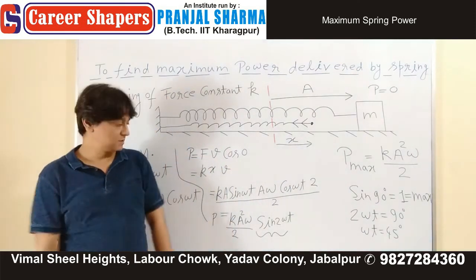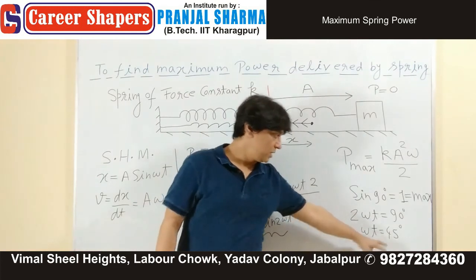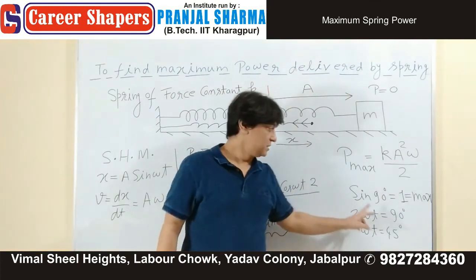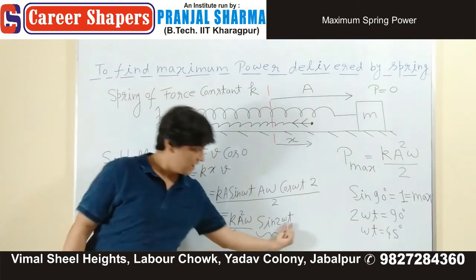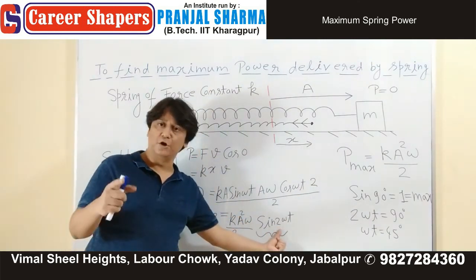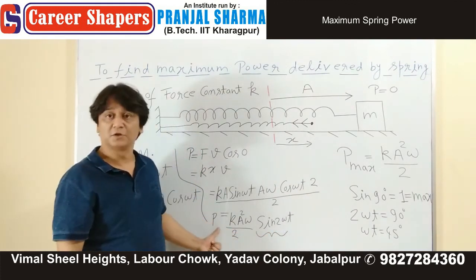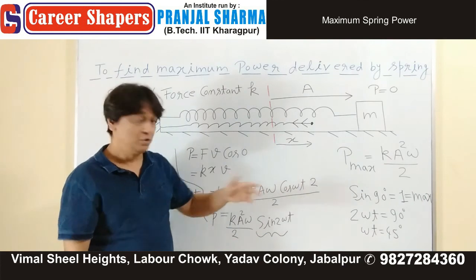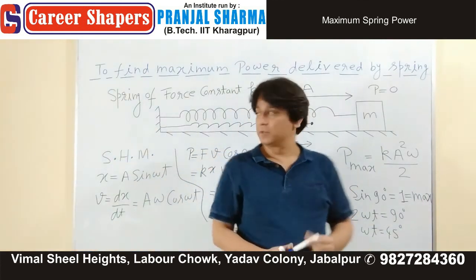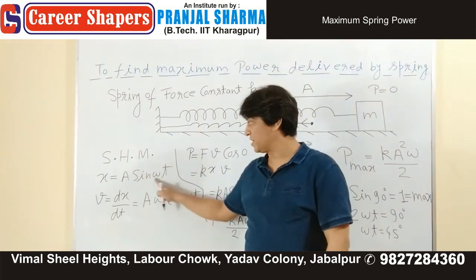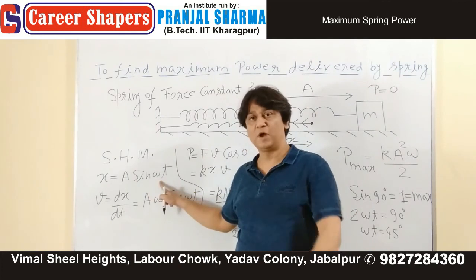What does it tell us? It tells us that when omega t is 45 degrees, sine is maximum. When this is 45, omega t into 2, 45 into 2, 90, sin 90 is 1, this is the maximum value of sine. P is also maximum. So, when omega t is 45, power becomes maximum. When omega t is 45, what is sin 45? 1 by root 2.